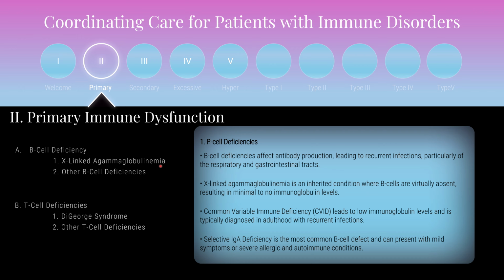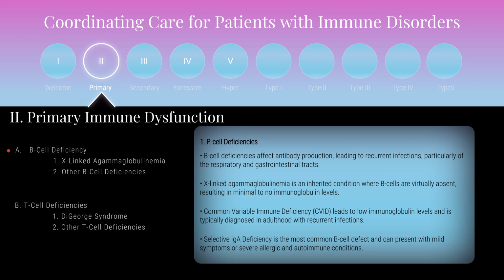And I have a slide for each of them to help us understand what those mean. And so the B cells, you know where they are made from the previous chapter.